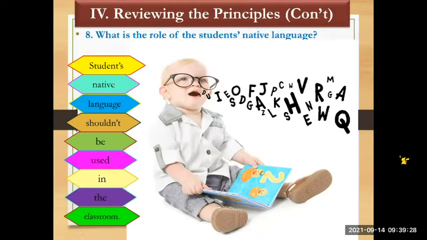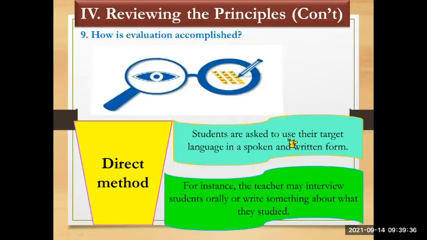The focus is not on grammar also, but instead on learning through listening and speaking. How is evaluation accomplished? Students are asked to use their target language in a spoken and written form. For instance, the teacher may interview students orally or write something about what they studied.